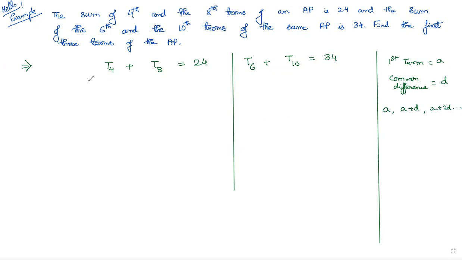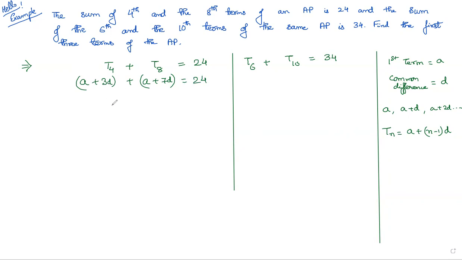So T4 would be A plus 3D, right? Because T of n is basically A plus (n minus 1) into D. So A plus 3D is T4. T8 is basically A plus 7D, which is nothing but equal to 24.